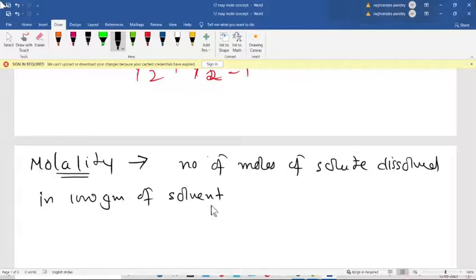Here the solvent weight is 1000 gram. You only have to take the weight of the solvent, not the weight of the total solution. So that is your molality.